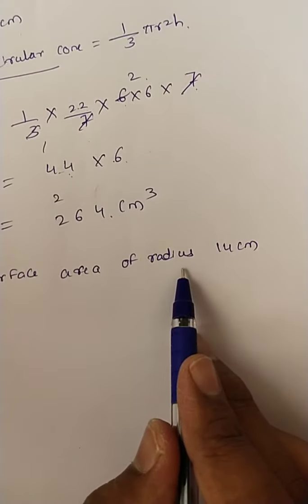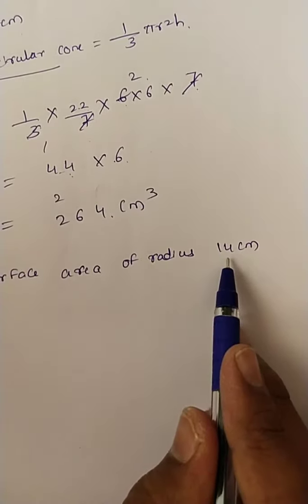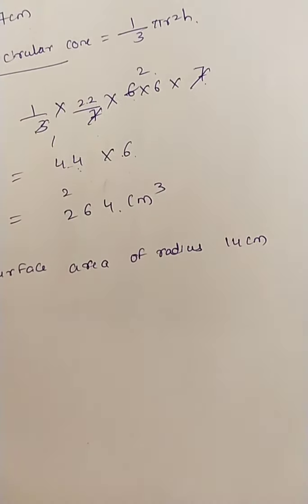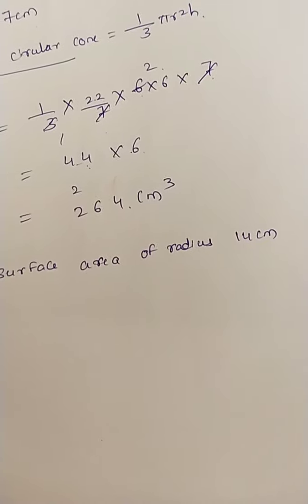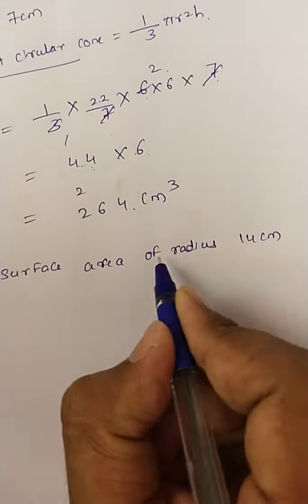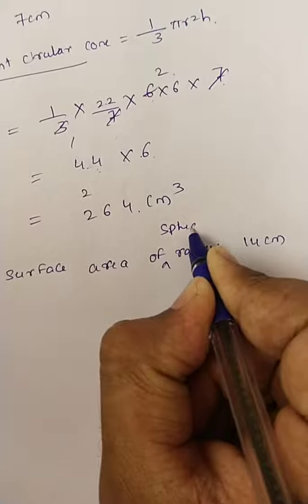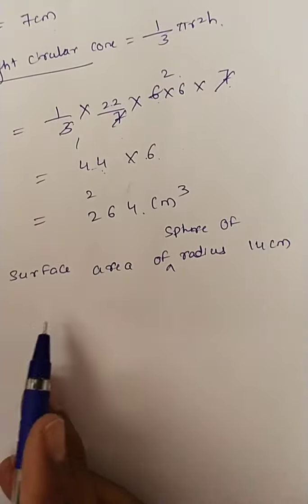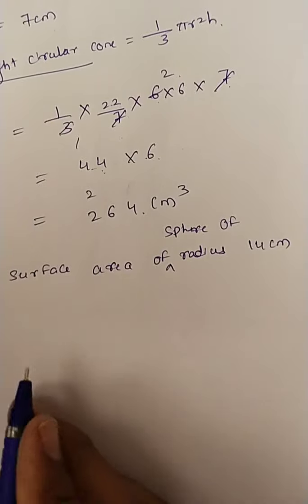If the diameter is given, then r is equals to d by 2, that is 14 by 2 is equals to 7 centimeter. But here, given, find the area of the sphere of radius 14 centimeter.